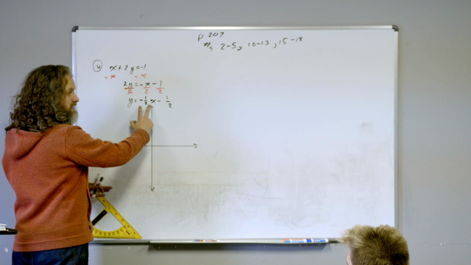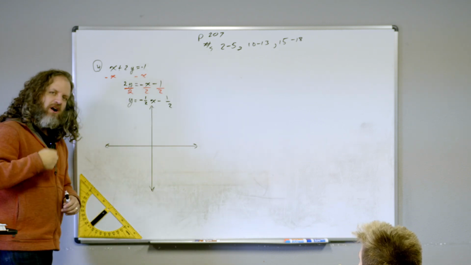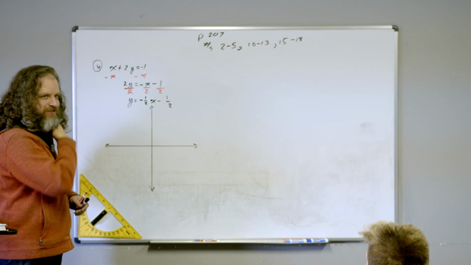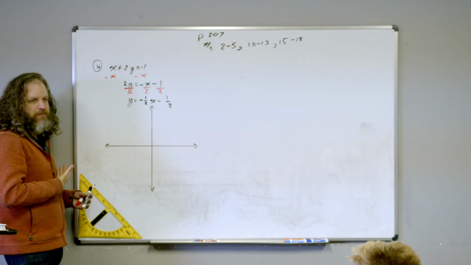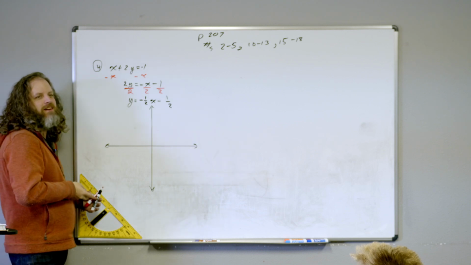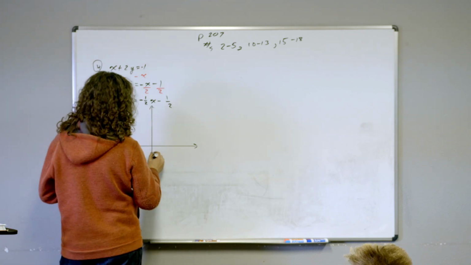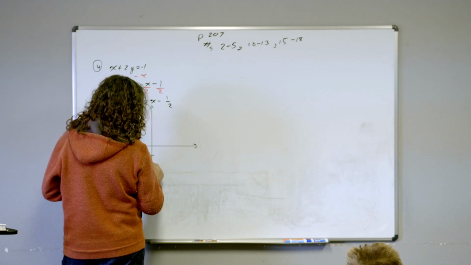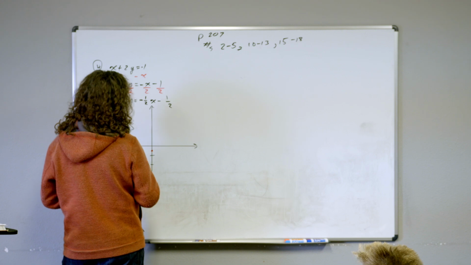The slope. What is this one? Y-intercept. Which one do we start with? Y-intercept. How can you count the slope if you don't know where to count from, right? We got to start with the y-intercept. Where is the y-intercept? Negative 1/2. So the first dot we're going to put is down at 1/2.